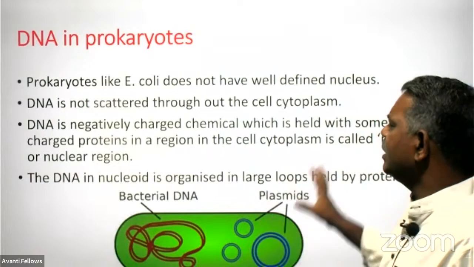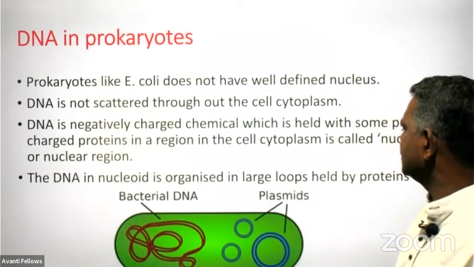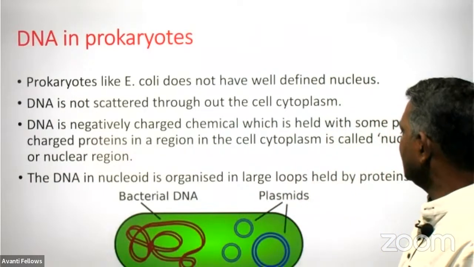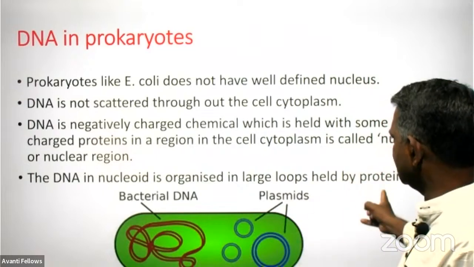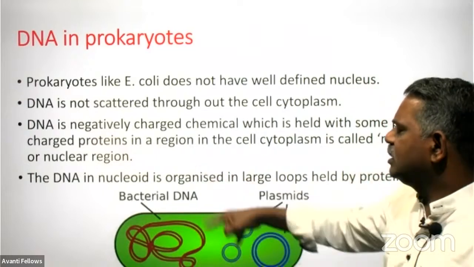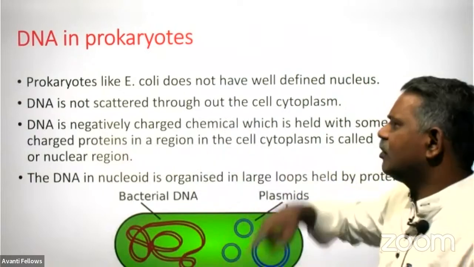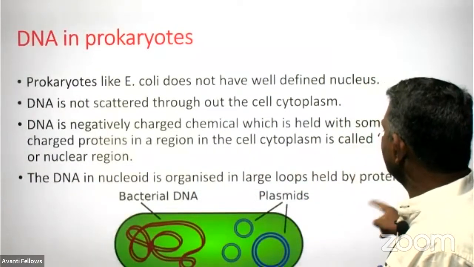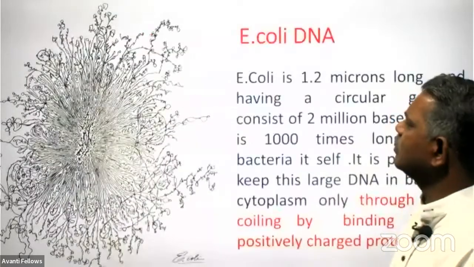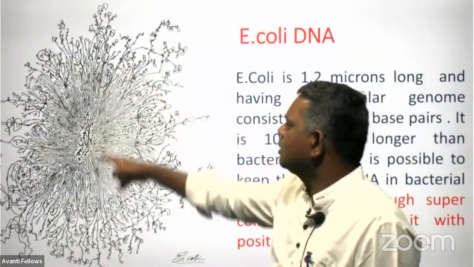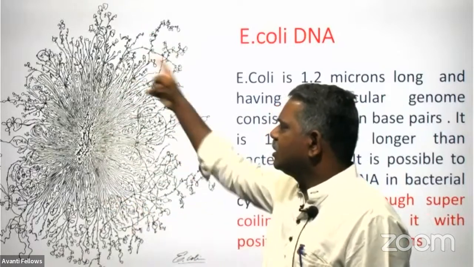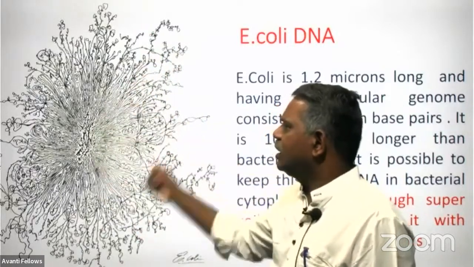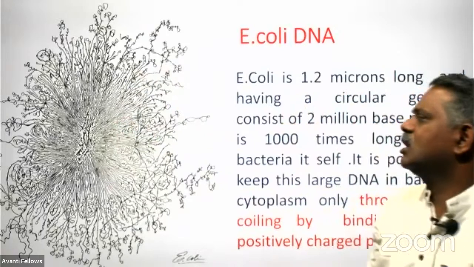And the DNA in the nucleoid is organized in large loops held by proteins. I told you protein is positive in charge, and this DNA goes for repeated coiling in a particular way and is held with the positively charged protein. This double-stranded DNA goes for coiling and is connected to the positively charged protein.